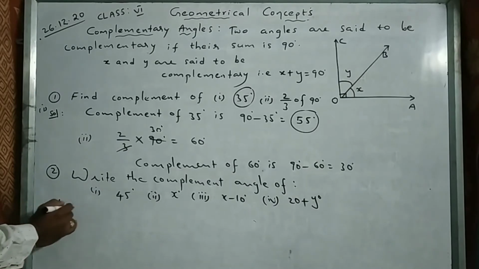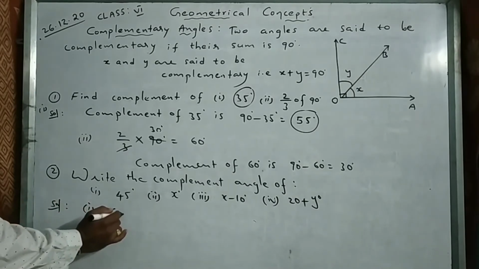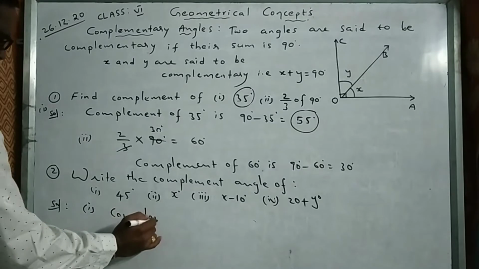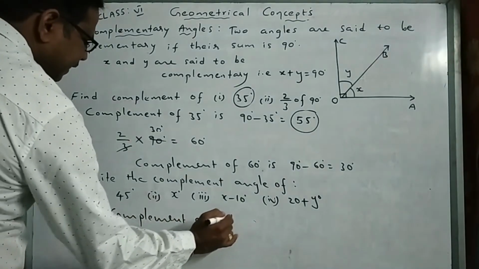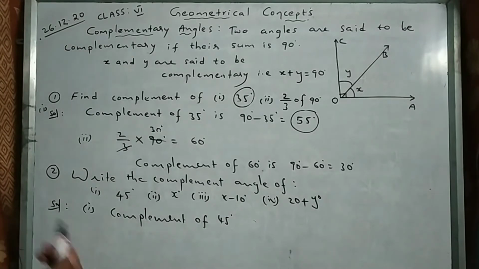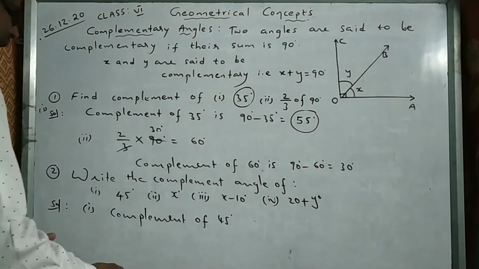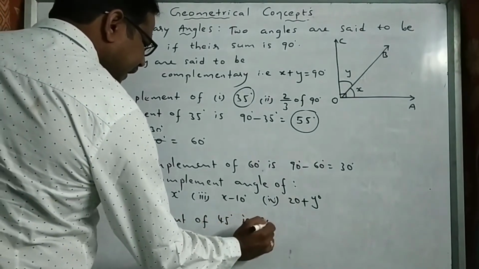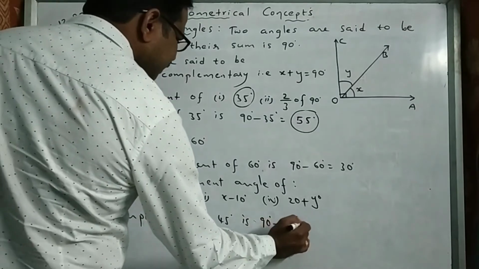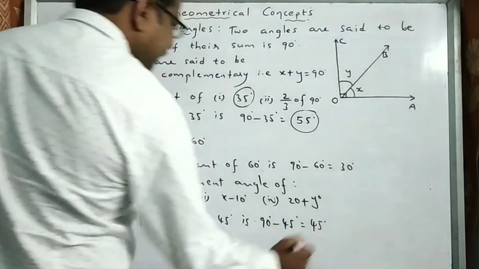First one, the complement of 45 degrees. As I told you, to find the complementary angle of a given angle, subtract the given angle from 90. The complement of 45 is 90 minus 45. If you subtract this, we will get 45 degrees.